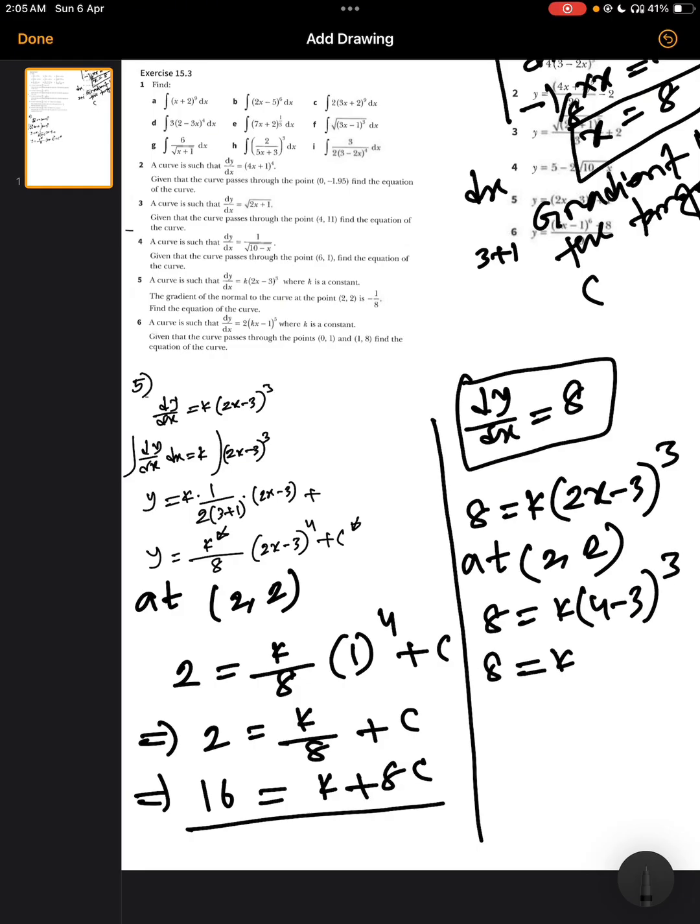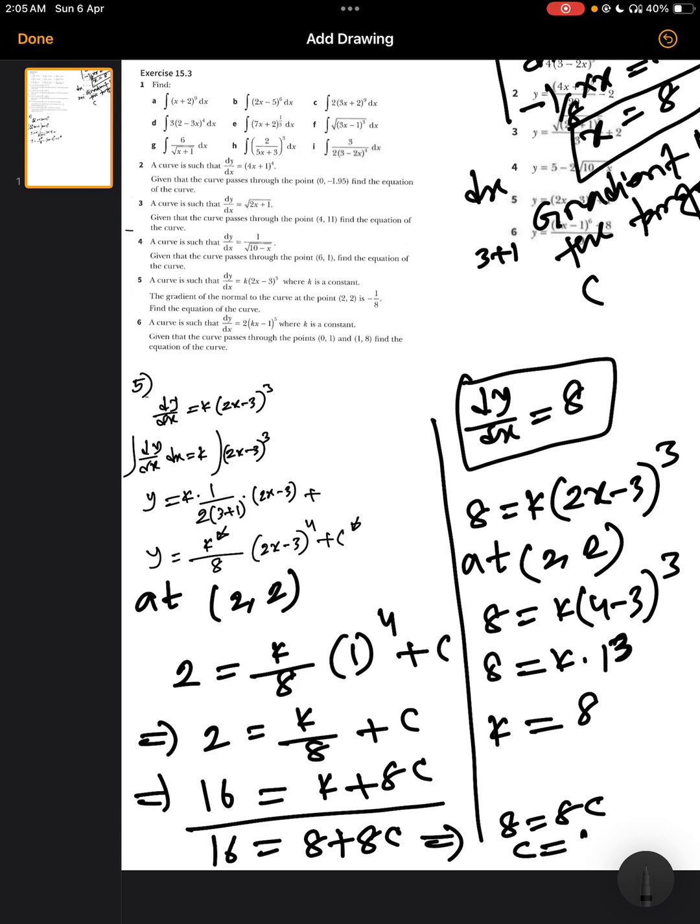So 8 equals k times 1 to the power 3. So our k result is 8. Okay. So if k is equal to 8 here, I can write it down: 16 is equal to 8 plus 8c. It says that 8 is equal to 8c. So c is equal to 1.